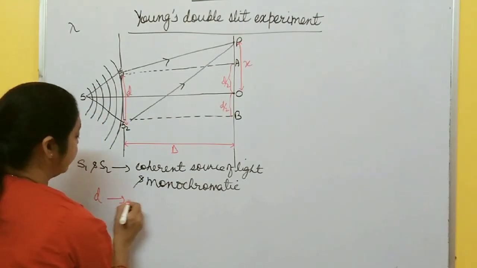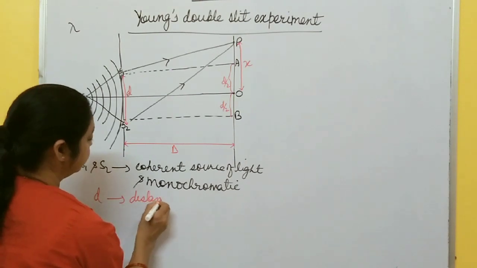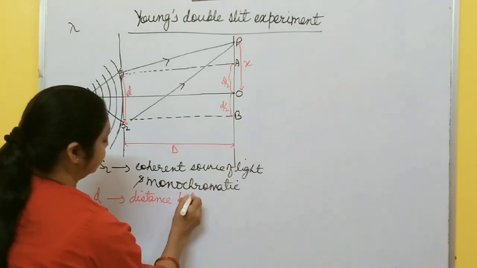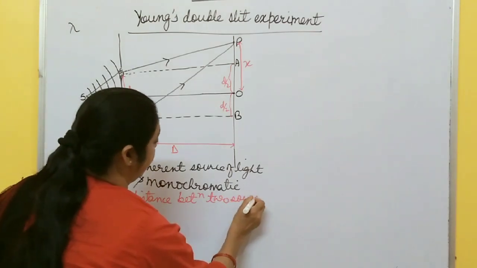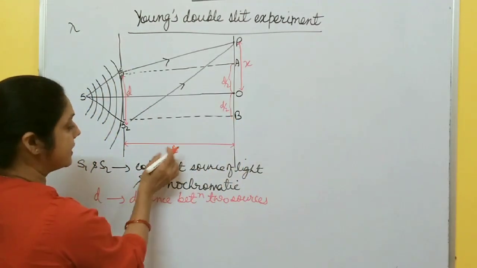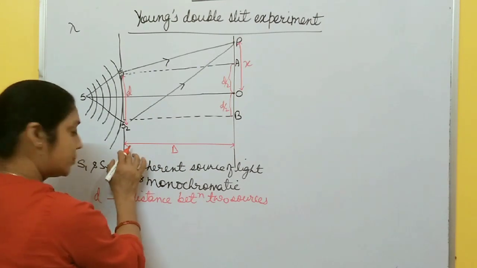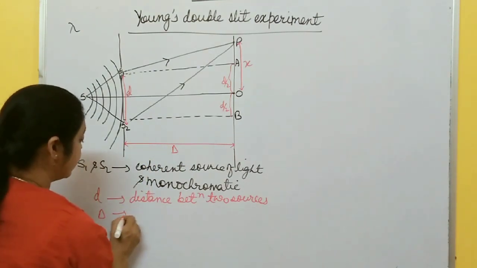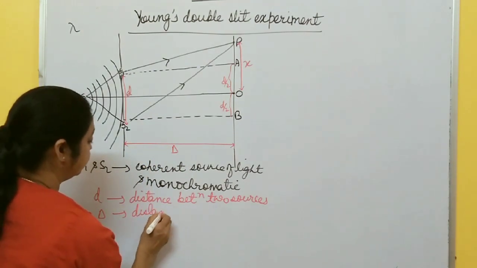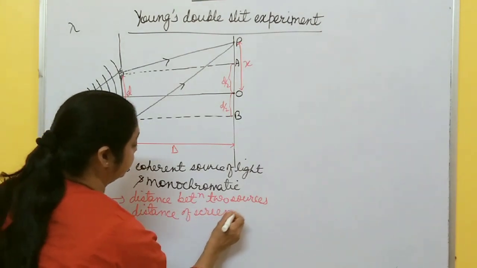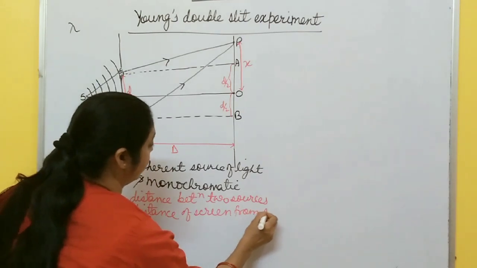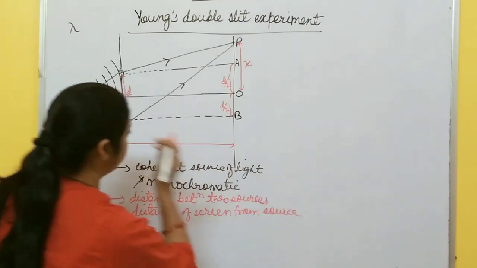Small d is the distance between the two sources. And the screen is placed at a distance capital D from the source. Capital D is the distance of the screen from the source, right?